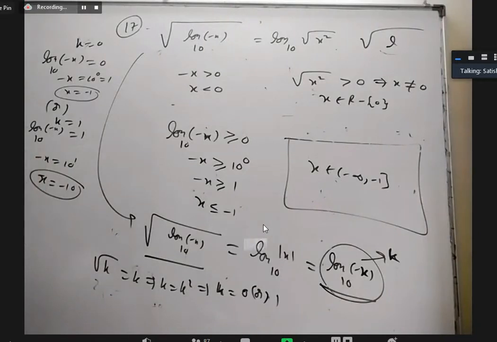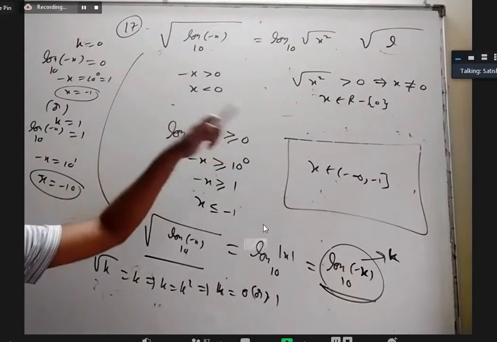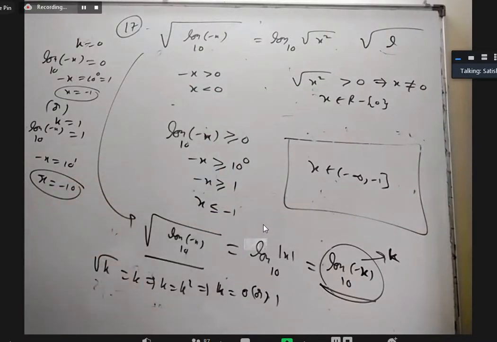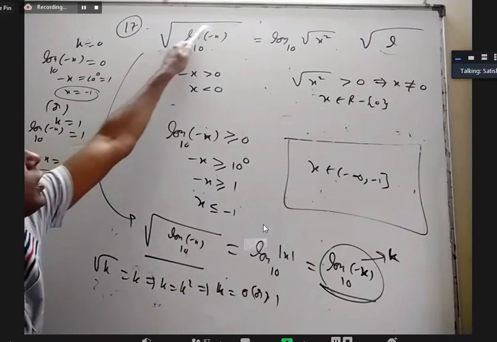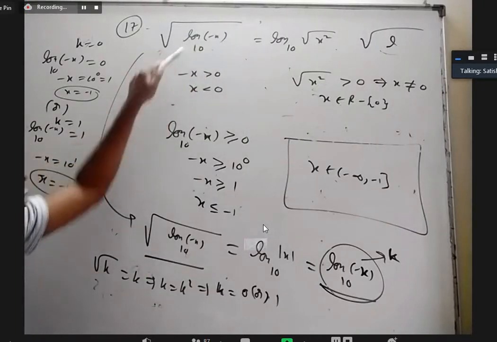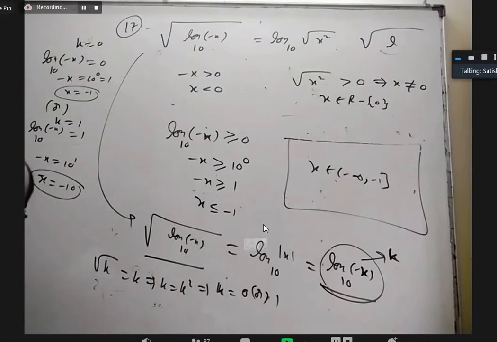If L is 0, okay, 0 is 0. If L is positive also, fine, right? So if you want root L to be defined, L should be 0 or more than 0, greater than or equal to 0. Like that, I want root of this whole thing to be defined, so this whole thing must be greater than or equal to 0. Yes, sir. Understood.